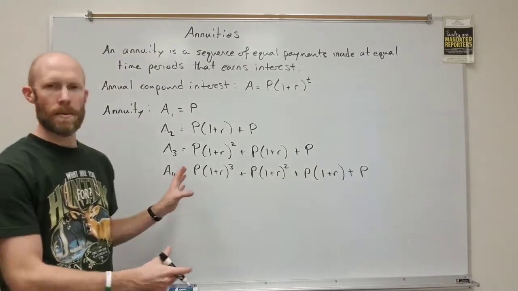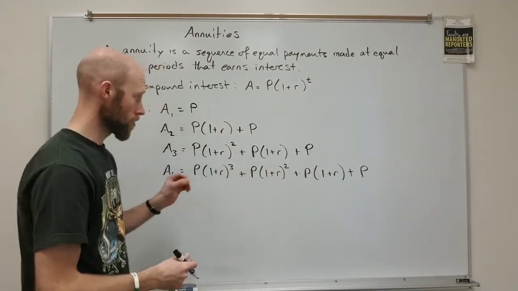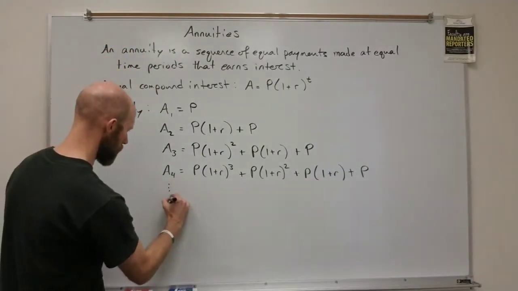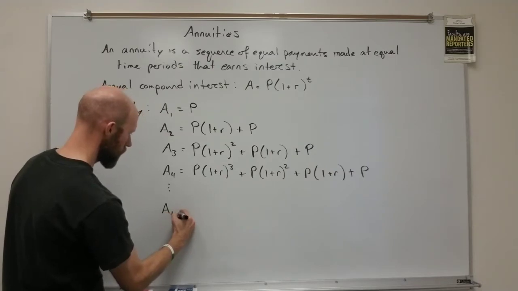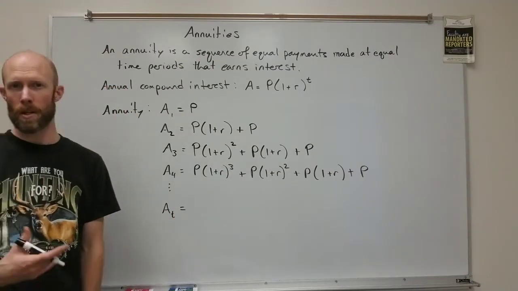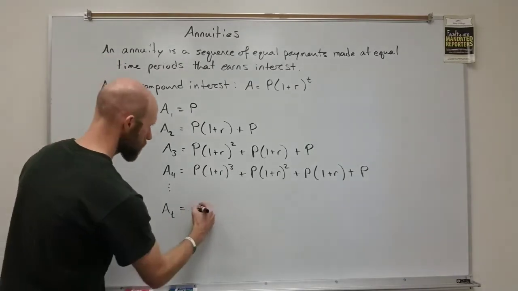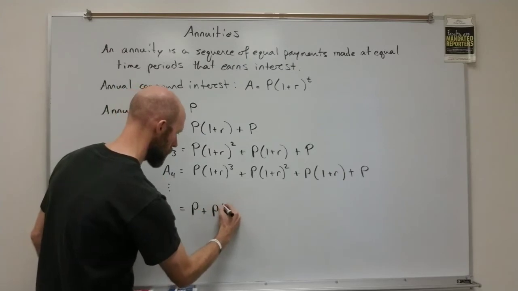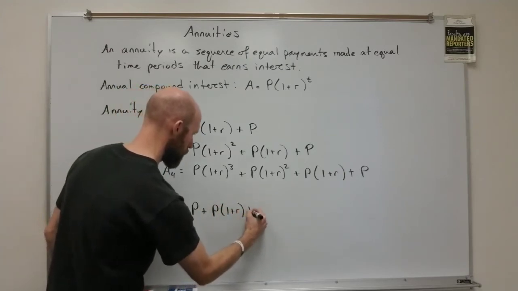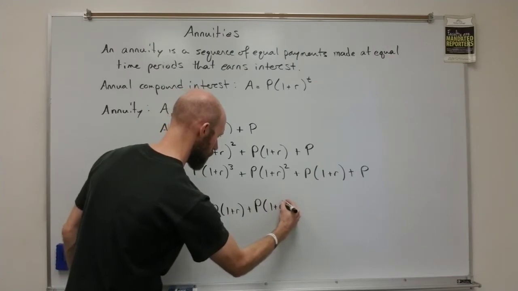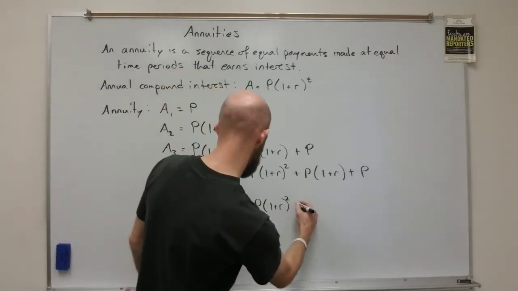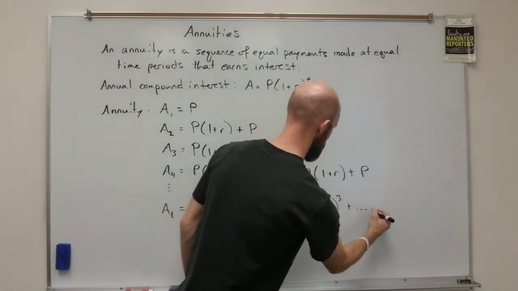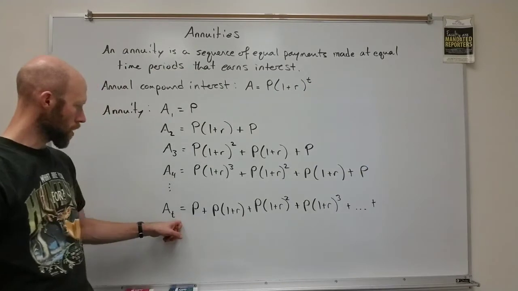Now, a lot of times you'll see this flipped around so that the sequence builds going the other direction. So let's say after t years, the annuity after t years, I'll put a subscript of t there, is going to be, and I'm going to start on the right side and work my way to the left, P plus P times (1 plus r) plus P times (1 plus r) squared plus P times (1 plus r) to the third, plus, and you keep going with that pattern until you hit the t-th year.